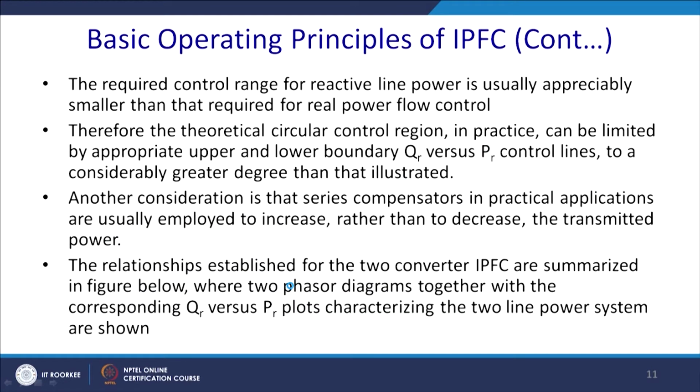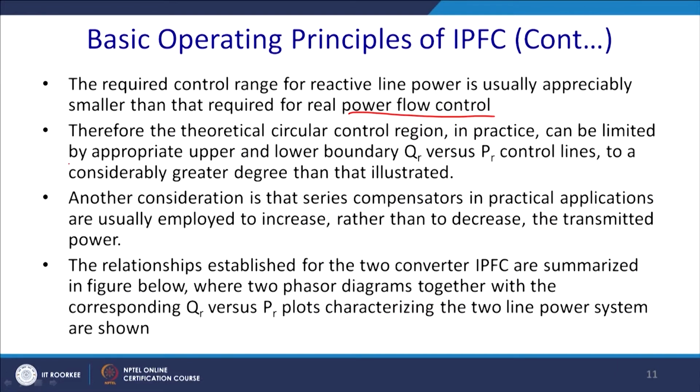The required control range for the reactive line power is usually appreciably smaller than that required for the real power flow control. Generally, it has to manage more real power than reactive power.